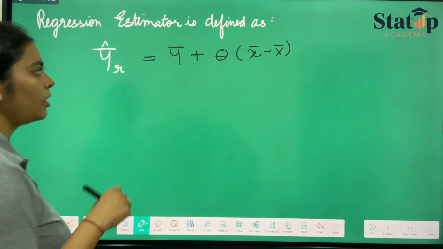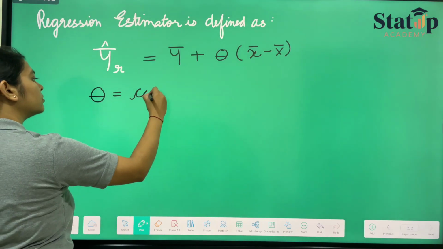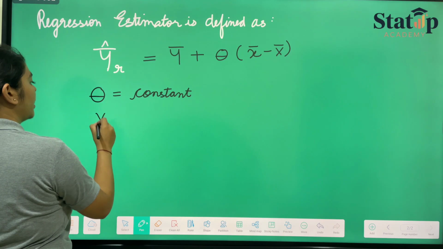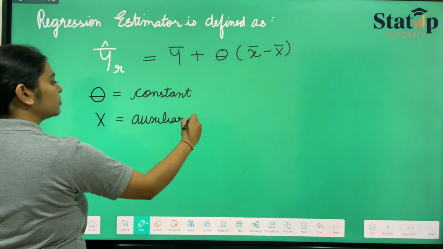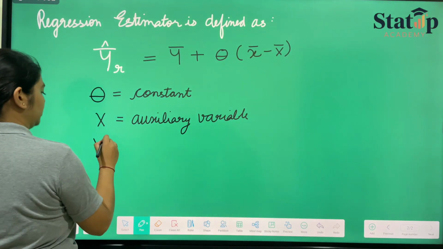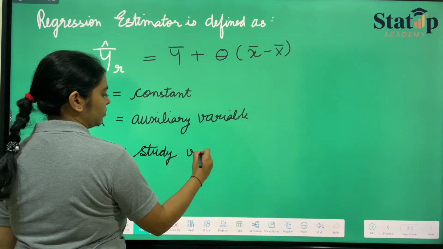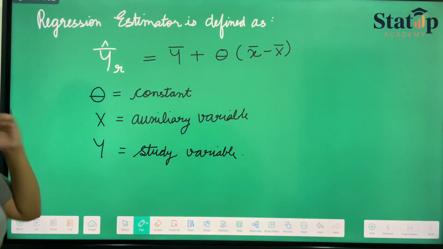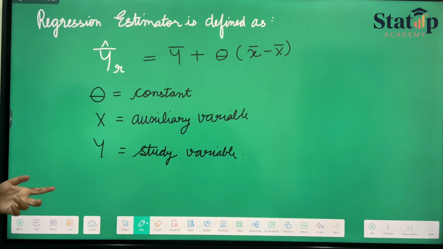Now here, theta is any constant, X is auxiliary variable and y is study variable, and y bar small r is regression estimator. So this is the equation of regression estimator.